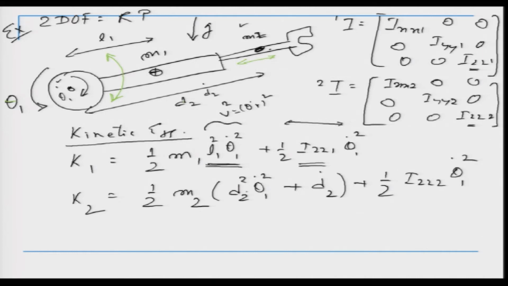Okay. So, let me explain again: although this is link 2 and it has mass m2 at this point, because this is also rotating, it is translating and also rotating. So, this component will come plus its own linear component which is given by d2 dot. Okay. So, we get one component here because of the rotation, which is being added to the linear component d2 dot.